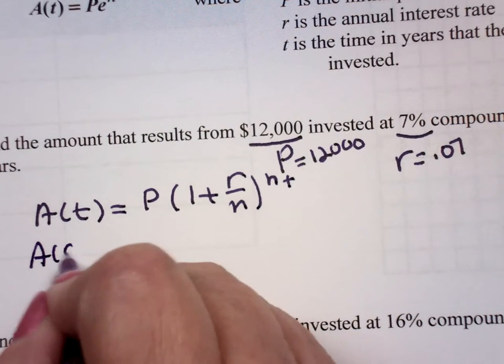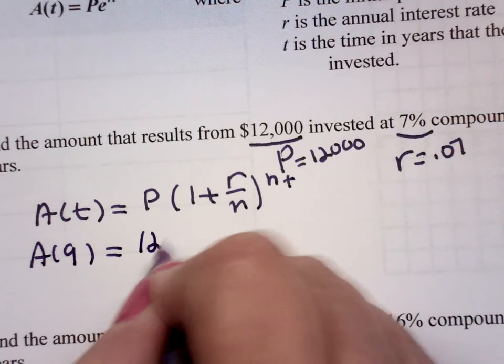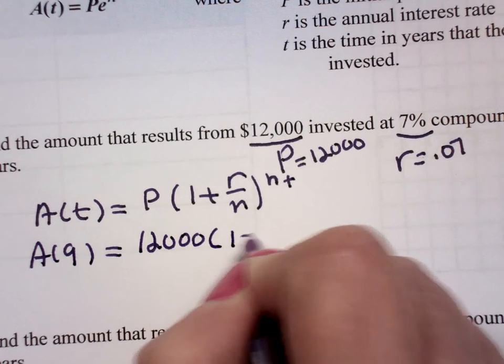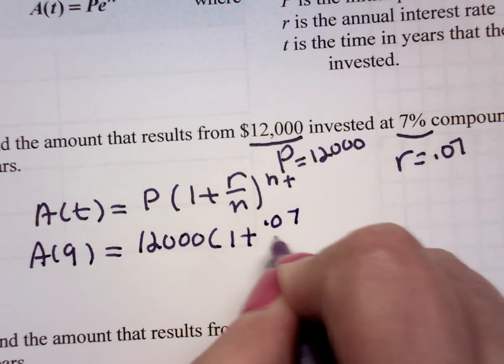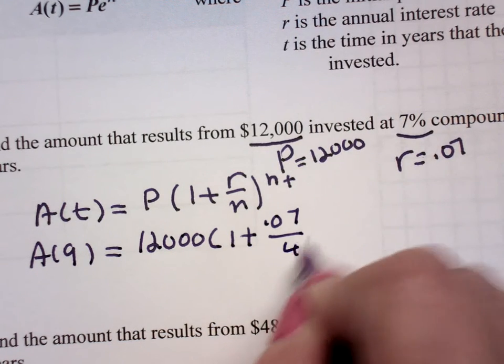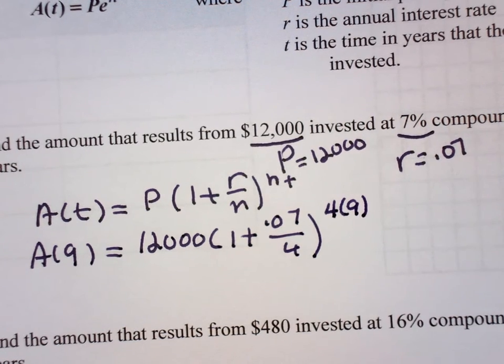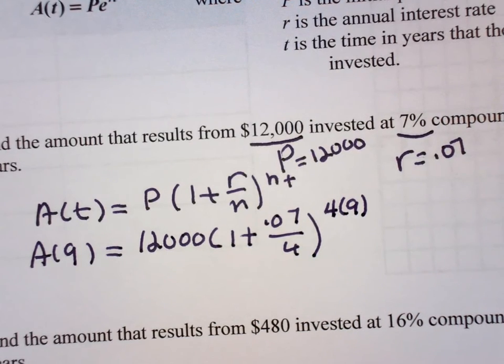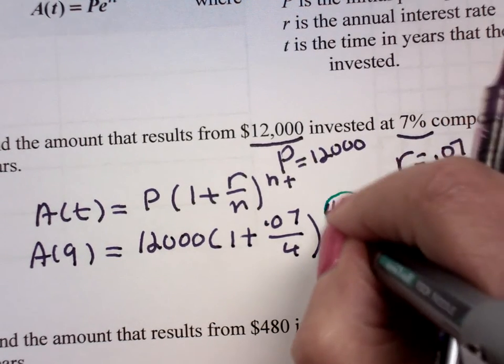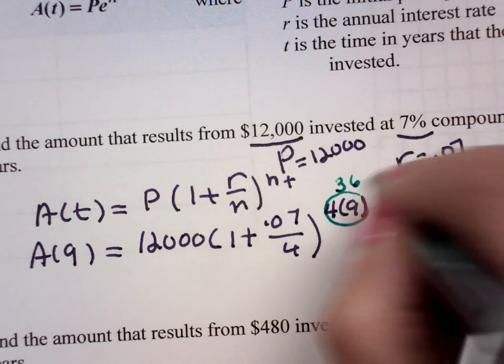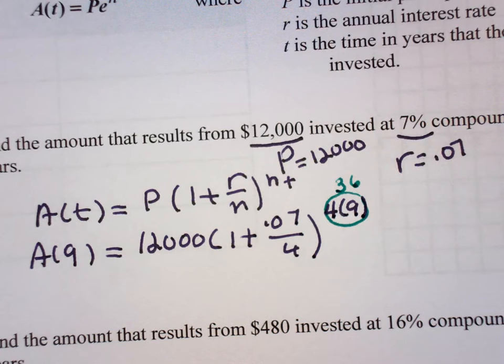So A of 9 equals P, which is 12,000, times (1 plus r, which is 0.07, divided by n, which is 4) to the 4 times 9. Now, when I put this into my calculator, instead of putting in 4 times 9, I go ahead and multiply that and put it in as 36. That makes errors much less likely than they might have otherwise been.